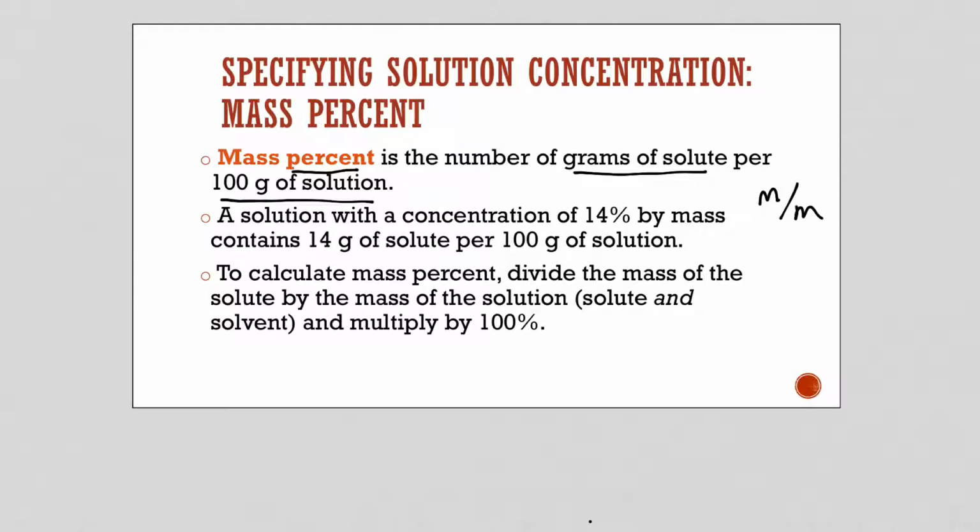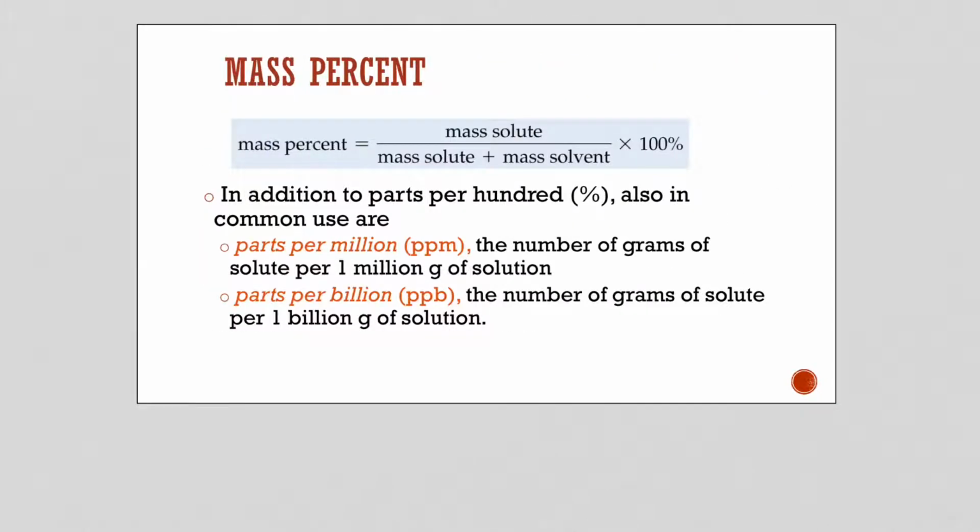So to calculate the mass percent, we simply need to divide the mass of the solute by the mass of the solution, right? Assuming they're both in grams. And then multiply by 100% to put it in terms of a percentage. So here's this equation we can represent.